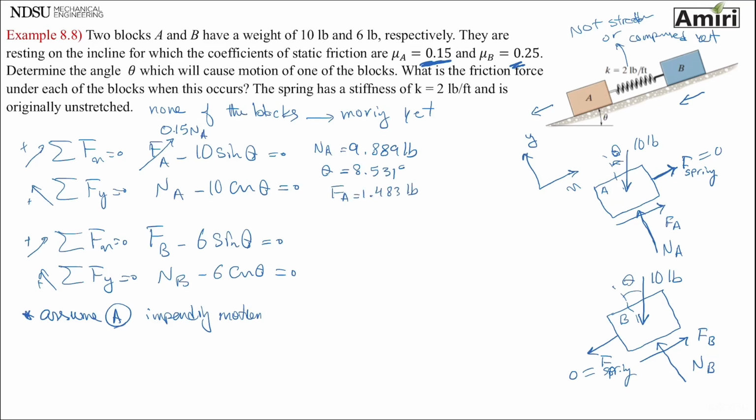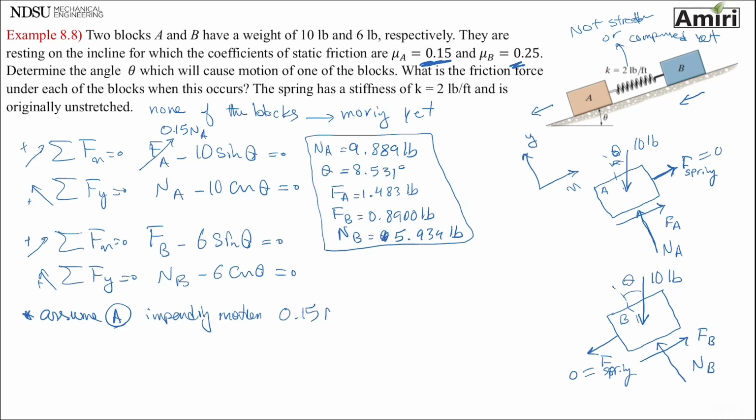I get FB of 8900 pound. I get NB of 5934 pounds. So just one assumption helped me solve this problem. But I don't know if that's correct or not.